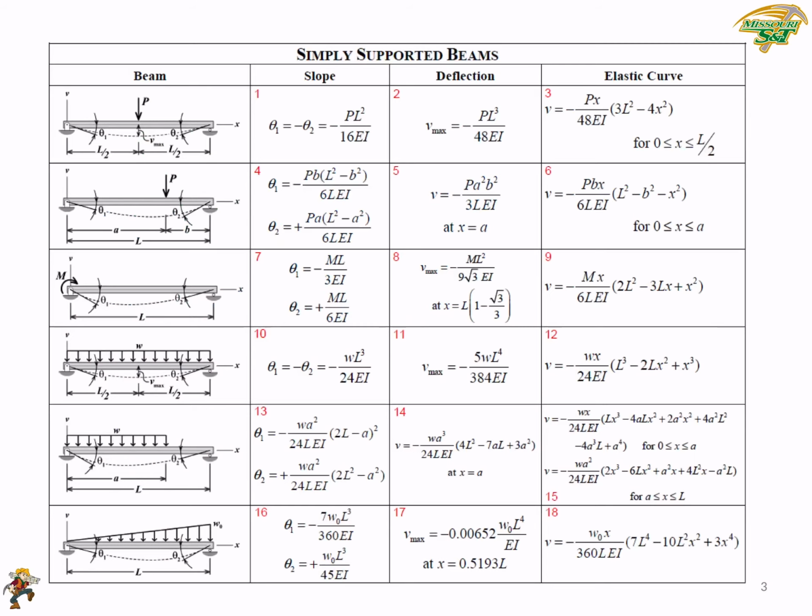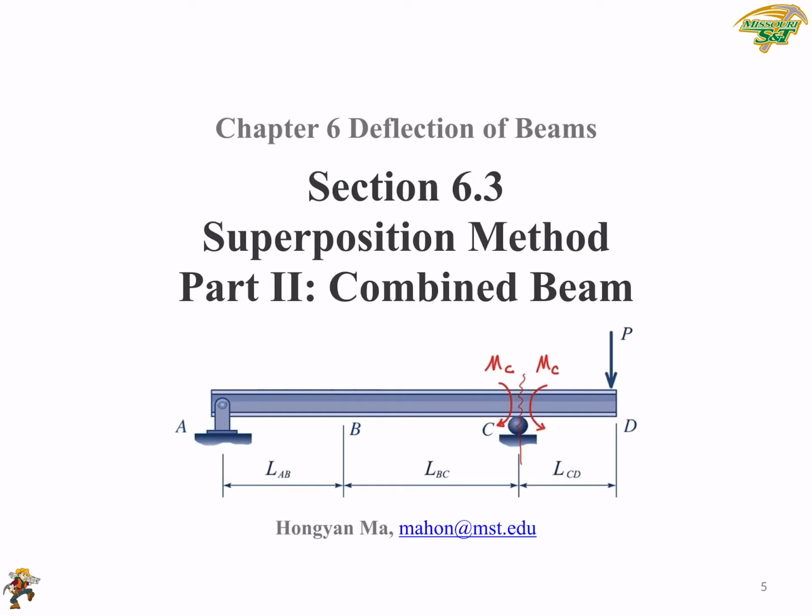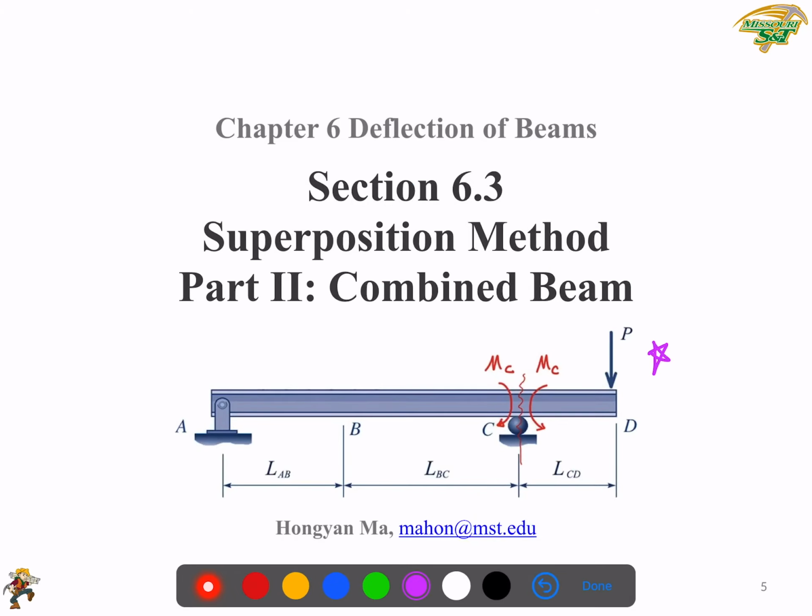And here are these two big tables that we'll use to determine the deflection in loaded beams based on the superposition method. So today we'll extend the superposition method to solve the deflection problems in combined beams. Now here's one example of the combined beam. It's an overhanging beam, right?